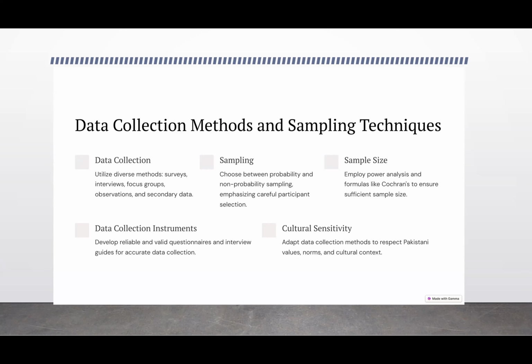Sampling: choose between probability and non-probability sampling, emphasizing careful participant selection. Sample size: employ power analysis and formulas like Cochran to ensure sufficient sample size. Cultural sensitivity: adapt data collection methods to respect Pakistani values, norms, and cultural context.